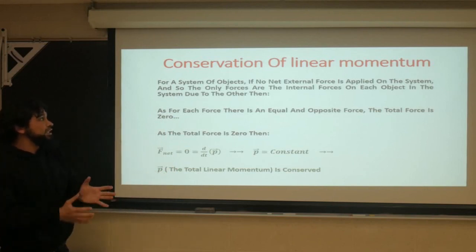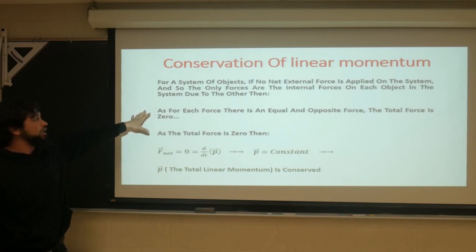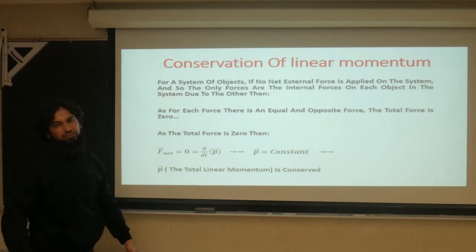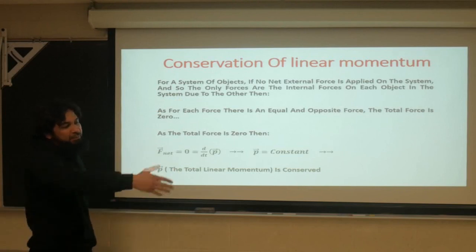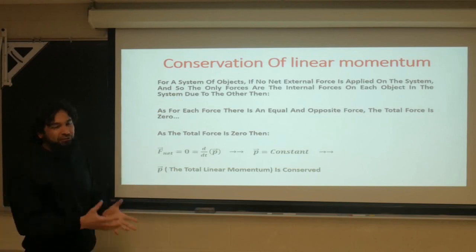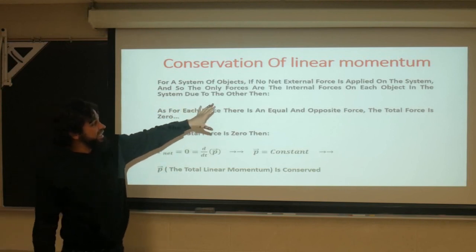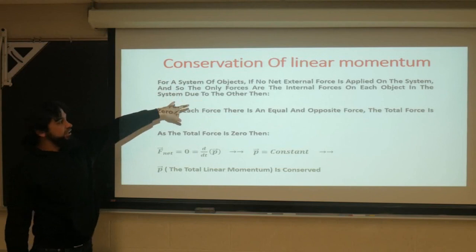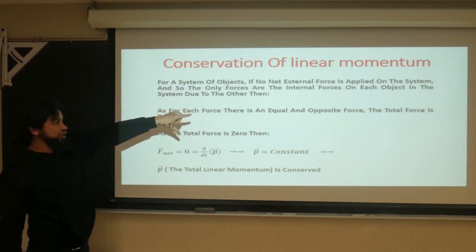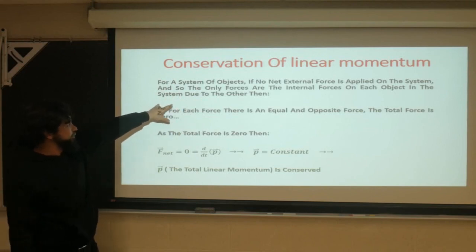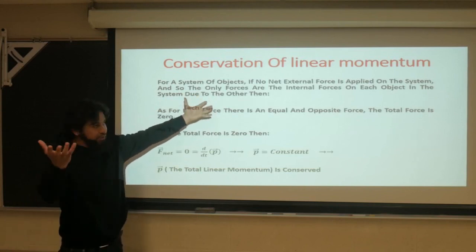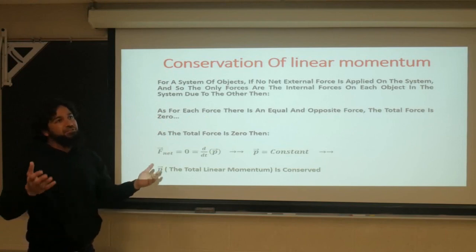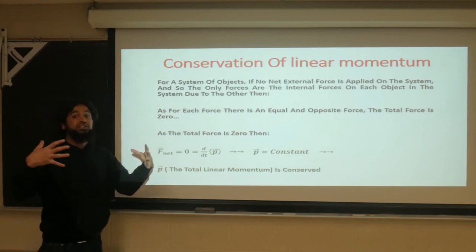Let's see what the conservation of linear momentum is and why it's conserved. So for a system of objects, maybe we have balls, maybe we have a person and a table and a book, whatever system of objects we have, if no net external force is applied on the system, and so the only forces are the internal forces on each object in the system due to the other objects, then suppose we have these objects, suppose 5, 6, whatever, and they are exerting forces on each other.